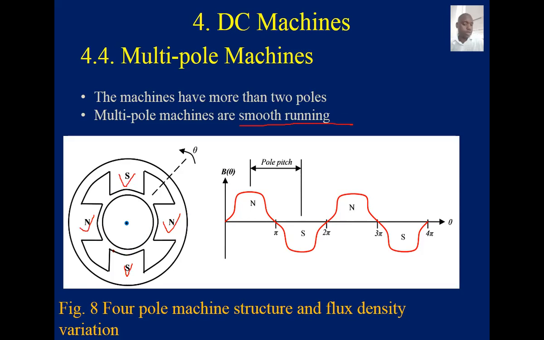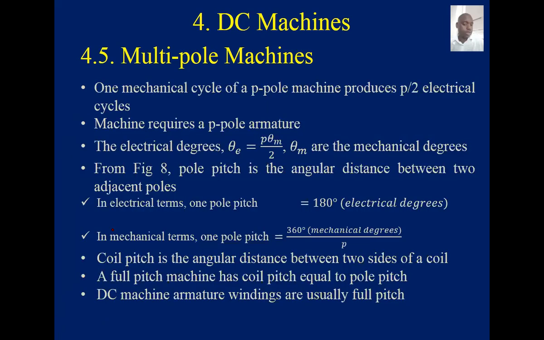So when a conductor moves from the north pole to the south pole, it completes one half cycle of the flux. When it moves again from the north to the south, it makes those changes. So it has more cycles of the flux than in the two-pole machine.